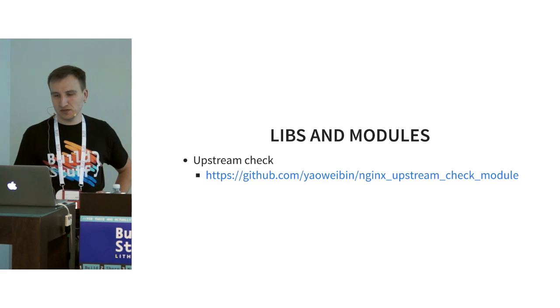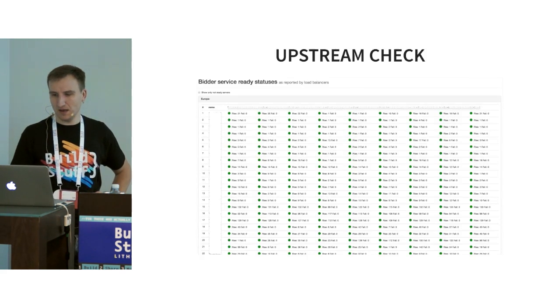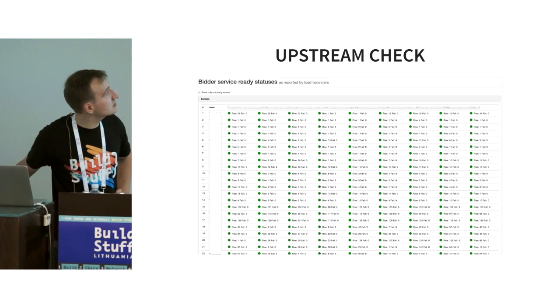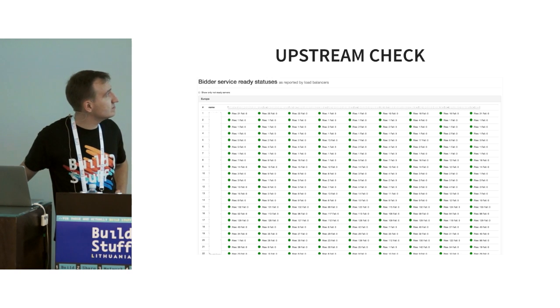Some modules we used is the upstream check module. Basically, we pimped it with our custom logic. It provides the health checking. This is, for example, not very nice, but here you can see the load balancers.